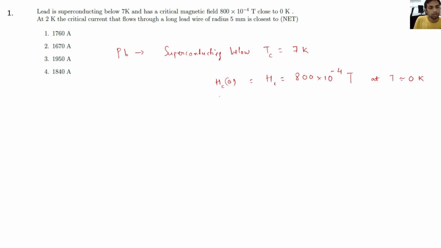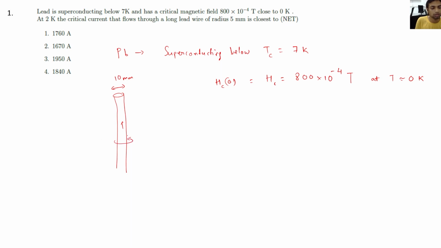Now we have to find what is the critical current that flows through the long lead wire of radius 5 millimeter is closest to. So let us imagine a lead wire which has a radius of 5 millimeter, or 10 millimeter of diameter. If some current passes through it, then there will be a magnetic field around it.